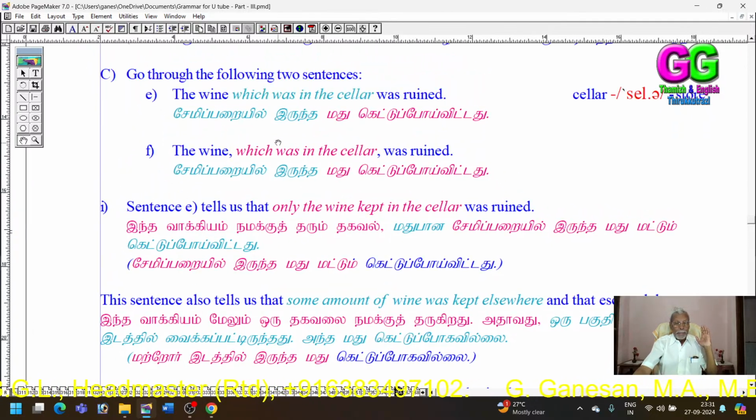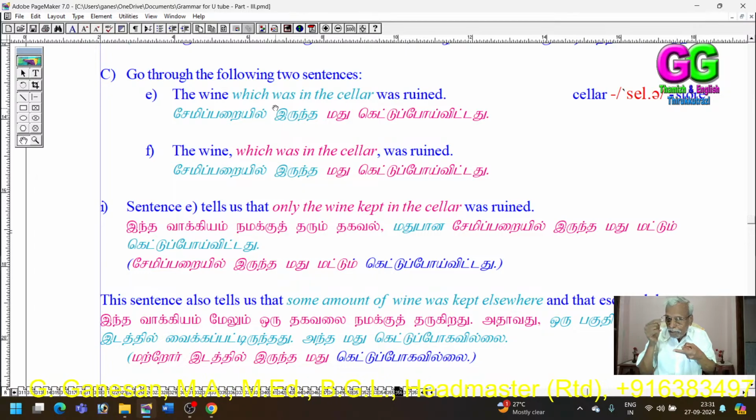My dear students, when the construction is used as a defining relative clause, the wine which was in the cellar was ruined, it has two meanings.